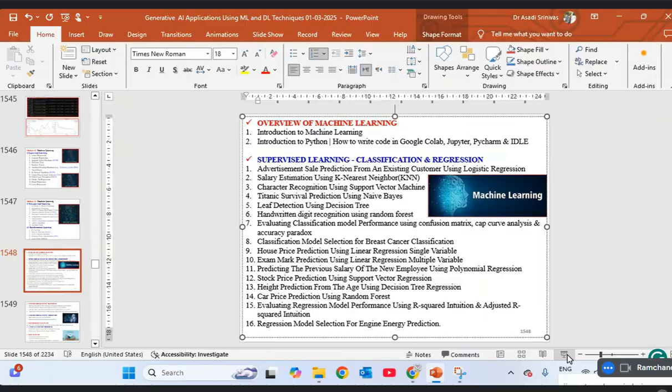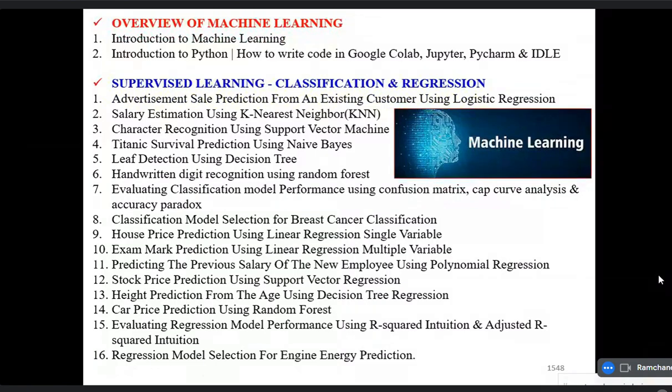So k-nearest neighbor, character recognition using support vector machine, Titanic survival prediction using naive Bayes, leaf detection using decision tree, handwritten digit recognition using random forest, evaluating classification model performance using confusion matrix, CAP curve analysis and accuracy paradox, classification model selection for breast cancer classification, house price prediction using linear regression single variable, exam mark prediction using linear regression multiple variable, predicting the previous salary of the new employee using polynomial regression.